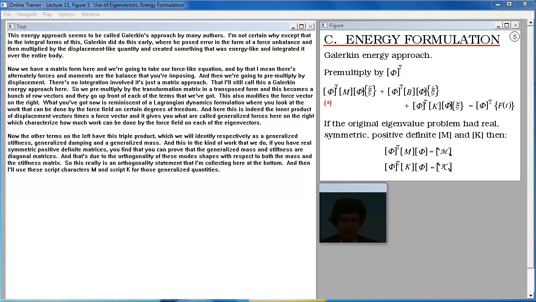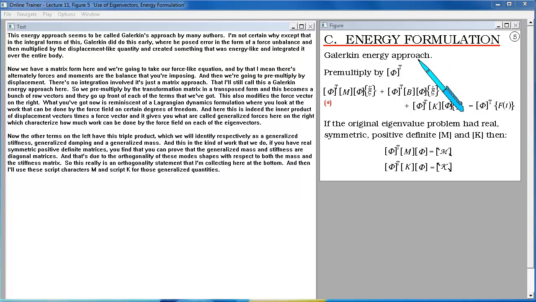Now we have a matrix form here, and we're going to take our force-like equation, and by that I mean there's alternately forces and moments are the balance that you're imposing, and then we're going to pre-multiply by displacement. There's no integration involved, it's just a matrix approach, but I'll still call this a Galerkin energy approach here.